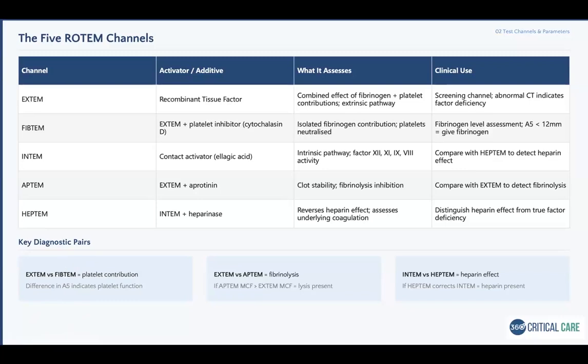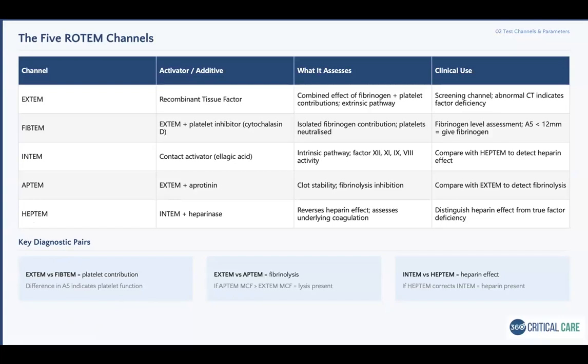That means on top of 12 of fibrinogen effect, you only have 8 of platelet effect, which is less. So the patient needs platelets. So EXTEM and FIBTEM give you the combined effect of platelets and fibrinogen. In FIBTEM, you only see the fibrinogen effect, and in EXTEM, you see the difference between the EXTEM A5 and FIBTEM A5.